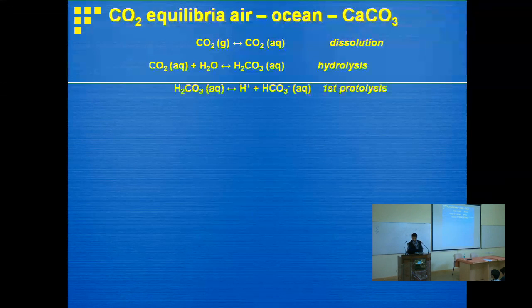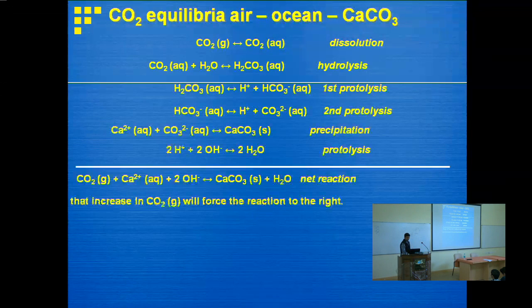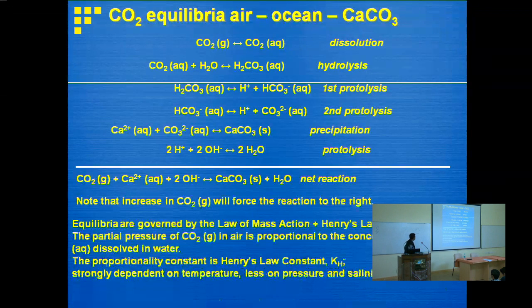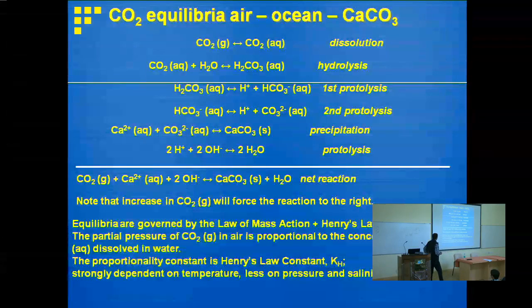So how does the ocean do this in terms of equilibrium? The CO2 which is there in the air interacts with the ocean. First it gets dissolved, and then there is a process called hydrolysis. Finally, if it gets saturated, it forms calcium carbonate. The overall reaction is this.